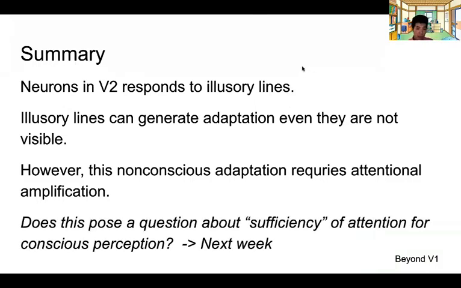This poses a question about the sufficiency of attention for conscious perception. Already in week 2, some of you raised a question during the tutorial: is attention necessary or sufficient for consciousness? Here's one particular example where unconscious processing requires attention. The opposite way of saying it is that attending to something does not guarantee that you see it.